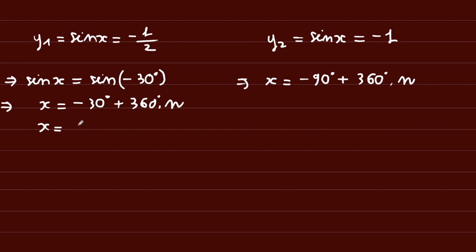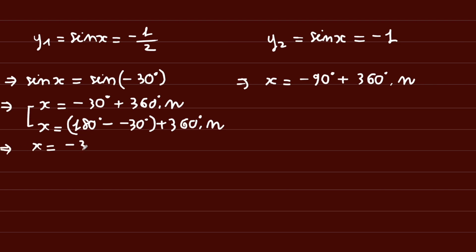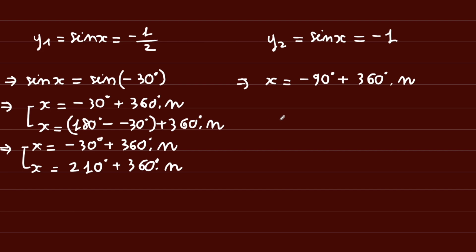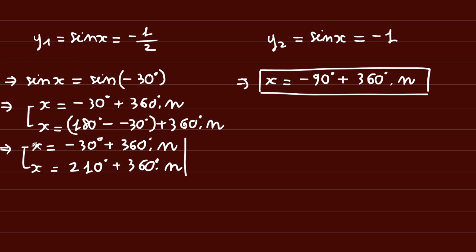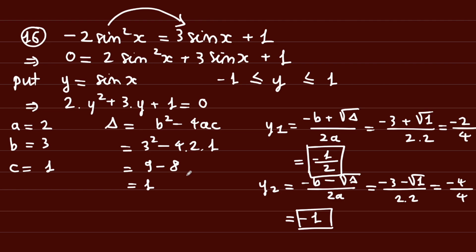And for here, you get 180 degrees minus minus 30 degrees plus 360 degrees multiplied by n. Okay, so here is h equal to minus 30 degrees plus 360 multiplied by n, and the next one is 210 plus 360 degrees multiplied by n. So here is one general solution and another one in this form. That makes three general solutions for question 16.